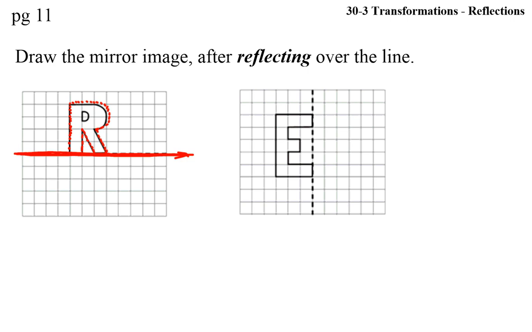Do we have to reflect every single point? No. What would be key? Well, I hope you understand that if we reflect some of the key vertices, reflecting those key vertices is what will help us to then draw the image.